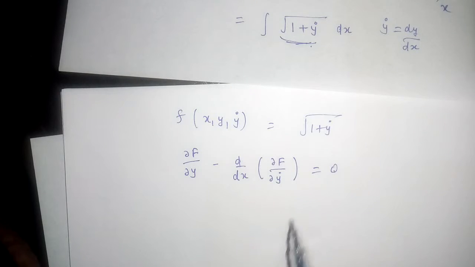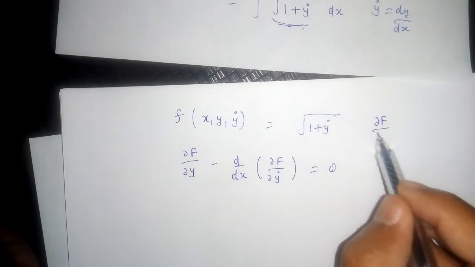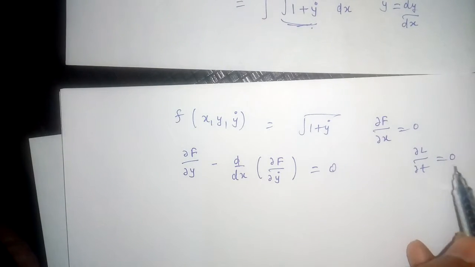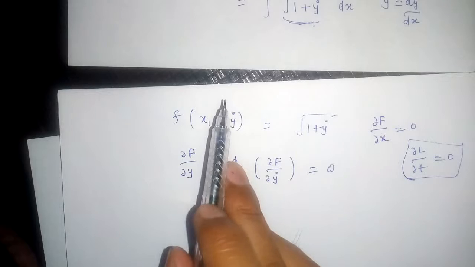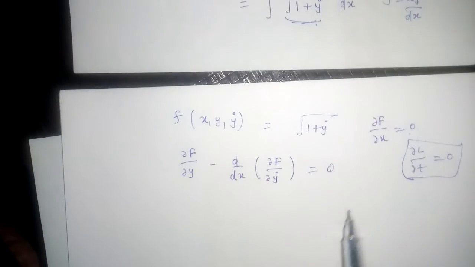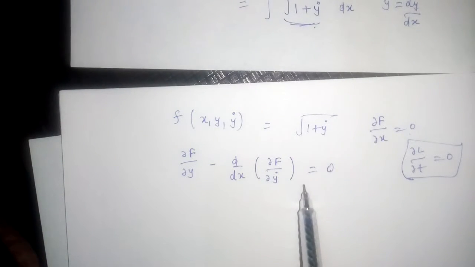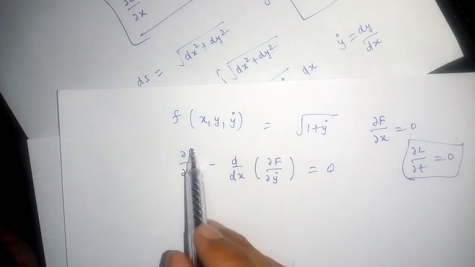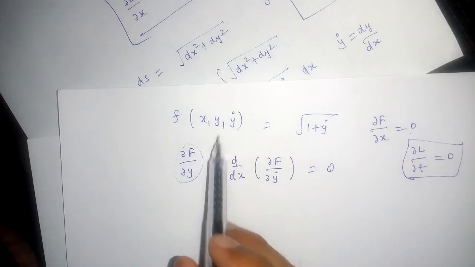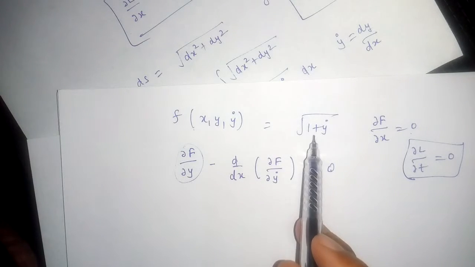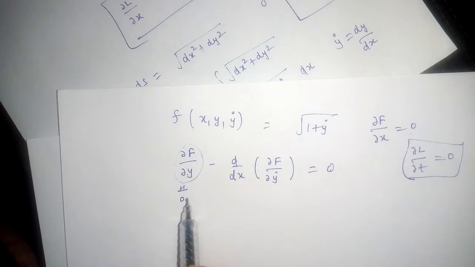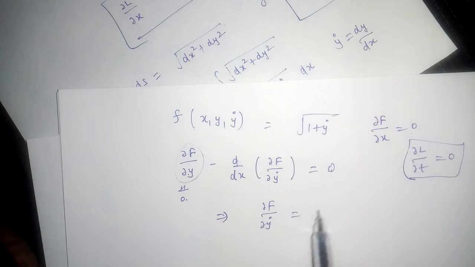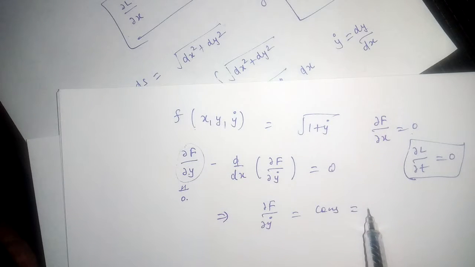Since this function does not depend on x, similarly to the case where delta L upon delta t is 0, which I put in the case of the Lagrangian, similarly here 0, and after that we get the same equation of motion. Since f does not depend on y also, this will be 0. This implies delta f upon delta y dot will be a constant, and let's say k.